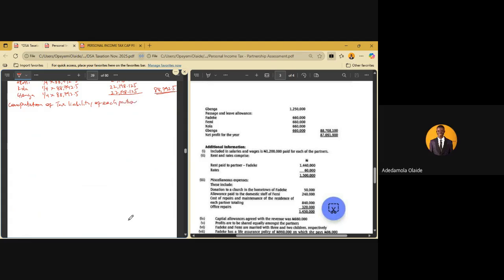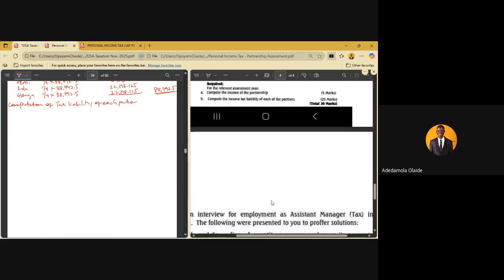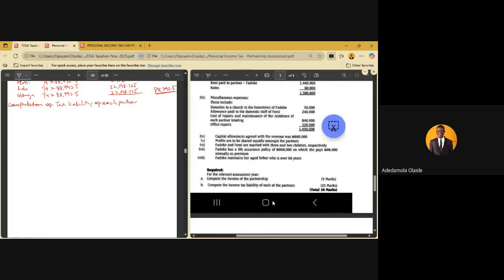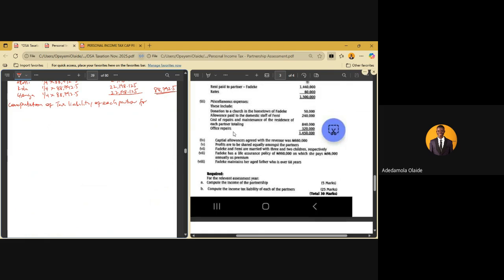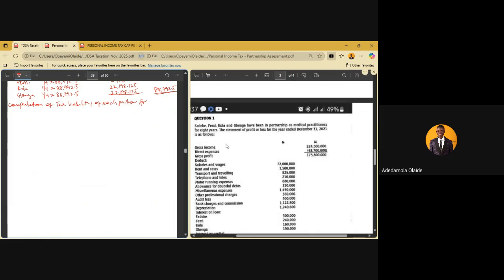So to compute the tax liability of each partner, for what year of assessment? For the 2022 year of assessment.